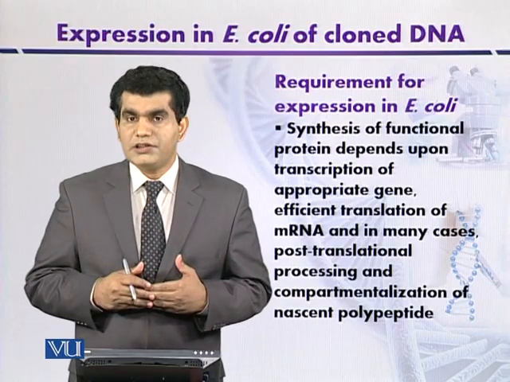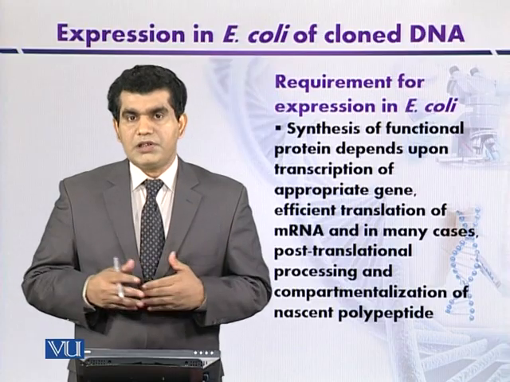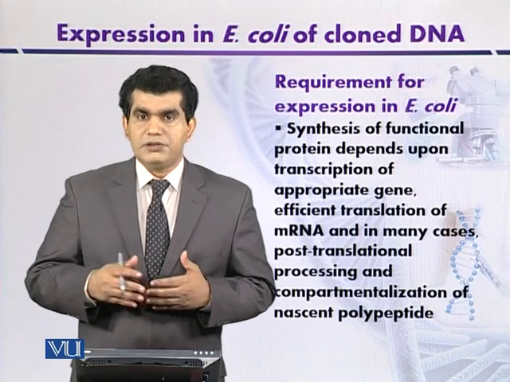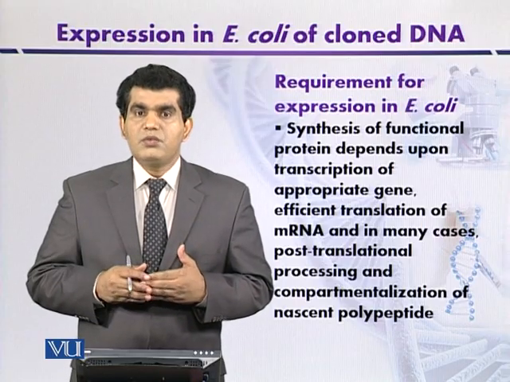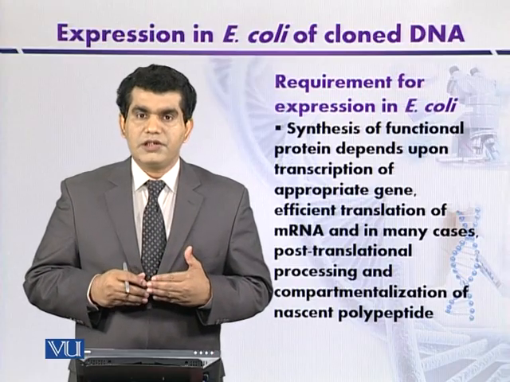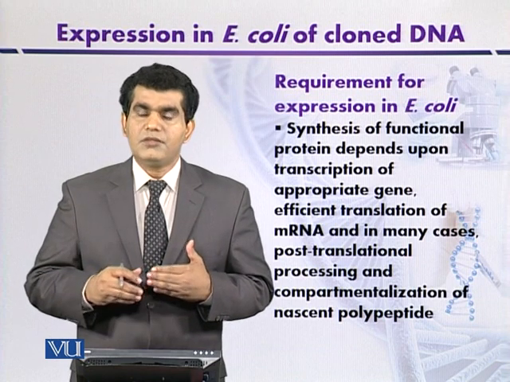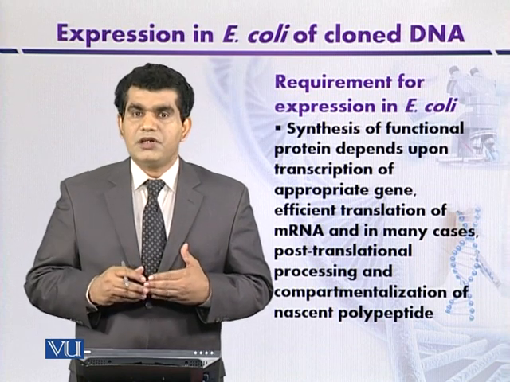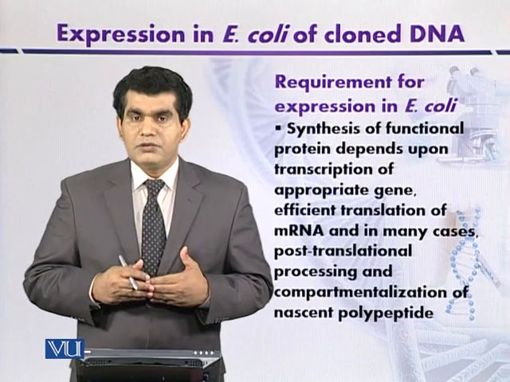In most cases, the start codon is AUG or sometimes it may be GUG. And this sequence of nucleotides present upstream of the start codon is called the Shine-Dalgarno sequence. It helps the attachment of the AUG codon on the ribosomes.